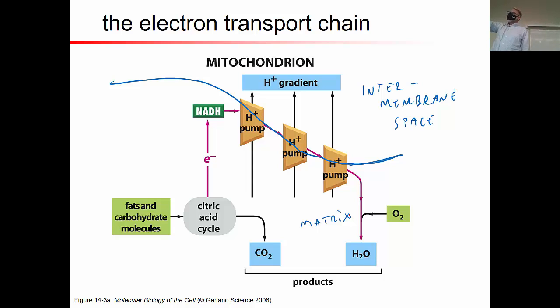So we dump those electrons, they go onto oxygen, they produce water, and that's our second waste product. So we've taken glucose, we basically burn it, we use it up, we oxidize it to carbon dioxide and water. Okay?